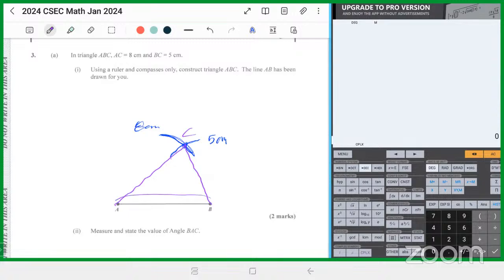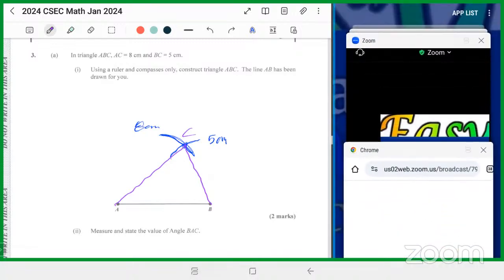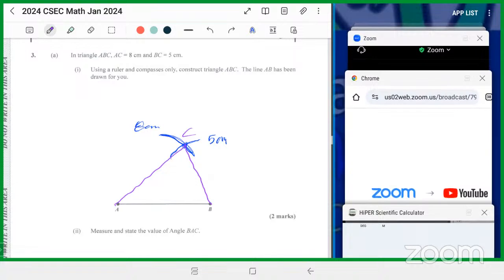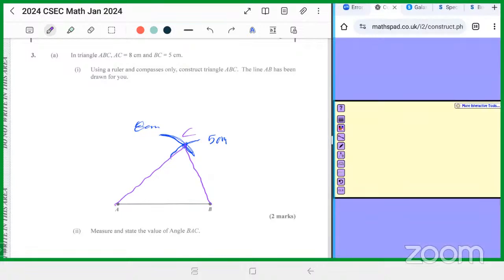The thing is, I don't know the length of this line, guys. I'm on the device, I don't know what the actual length of that line is. And so I'm just going to draw a line to represent the AB on my construction chart, and we'll proceed. All right, so the construction chart is up here somewhere.